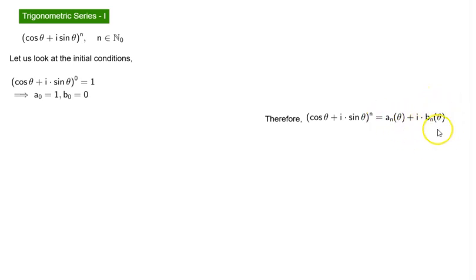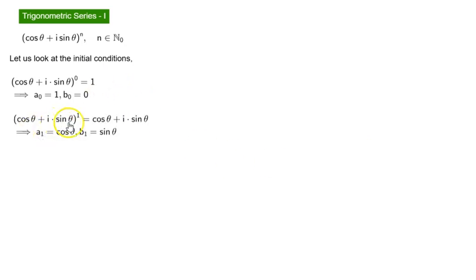Only then will this be equal to 1. Now (cos θ + i sin θ)^1 is equal to cos θ + i sin θ. That means a_1 is equal to cos θ and b_1 is equal to sin θ. Now we have taken care of the initial conditions, that is when n equals 0 and n equals 1.